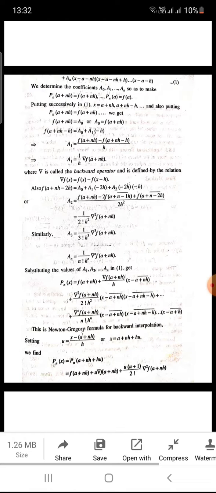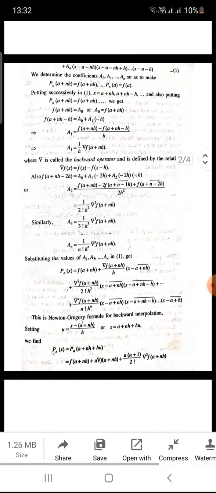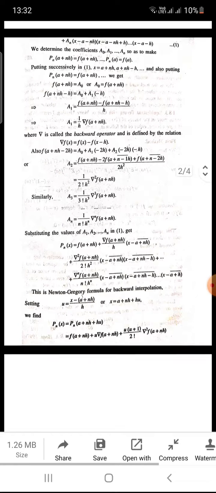Also f(a plus nh minus 2h) is equal to a0 plus a1 into minus 2h plus a2 into minus 2h into minus 2h minus h. So on solving we get the value of a2 as 1 upon factorial 2 h square del 2 f(a plus nh).